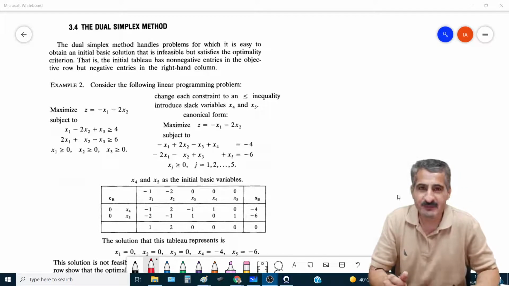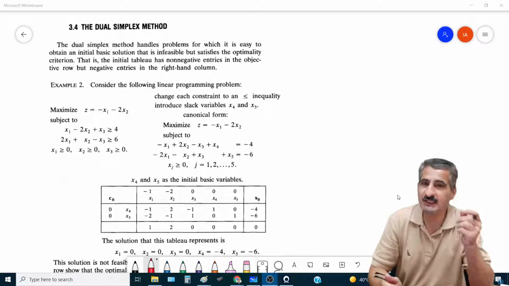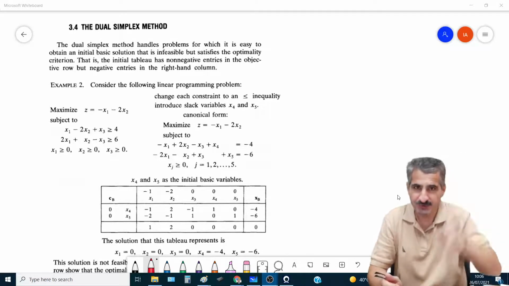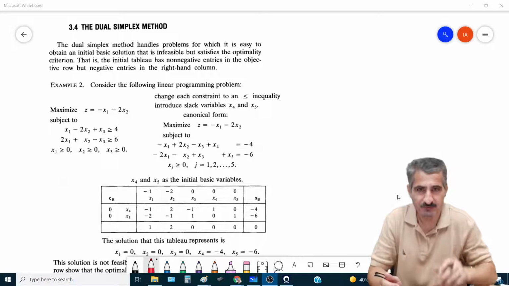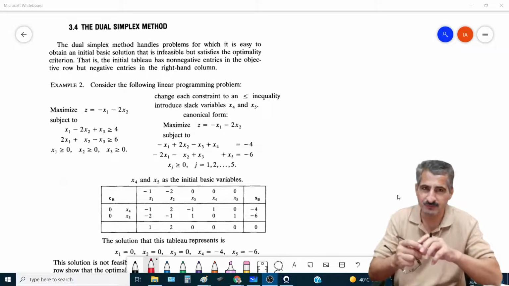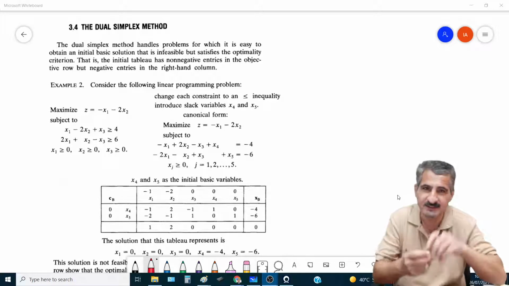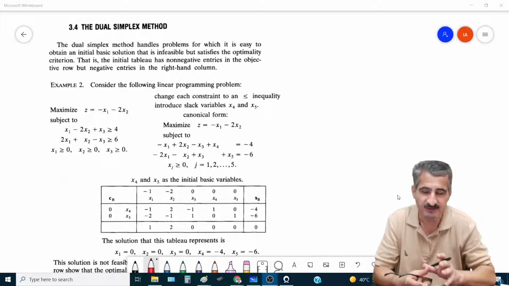You know, in the simplex method, we first choose an entering variable, or the column of the entering variable. How do we choose it? We go to the objective row and find the least negative number in there, right?